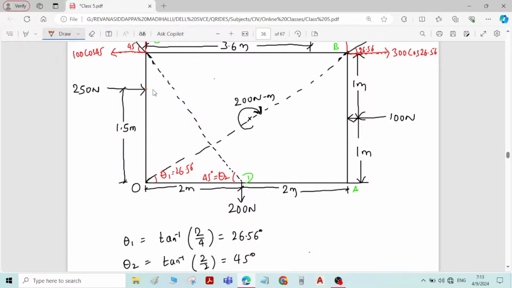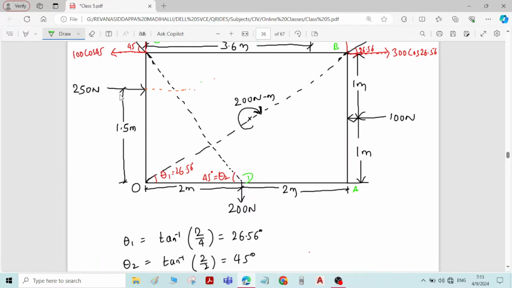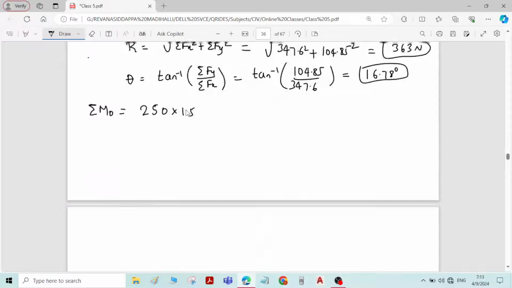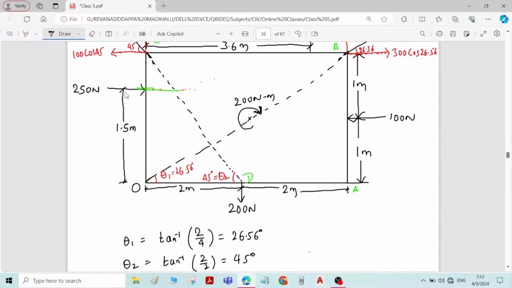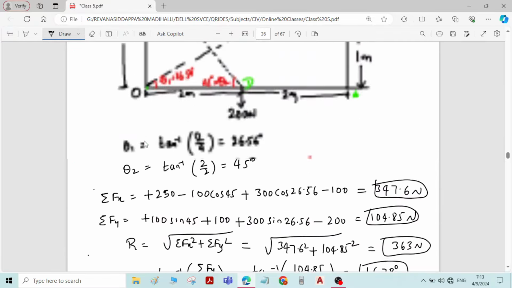So this is the line of action of 250 Newton force. We have the point E here. Distance of point O from the line of action is 1.5 meter, so 250 into 1.5. About point O, if you apply a 250 Newton force here, the plate will rotate in clockwise direction about point O. Sign is plus.